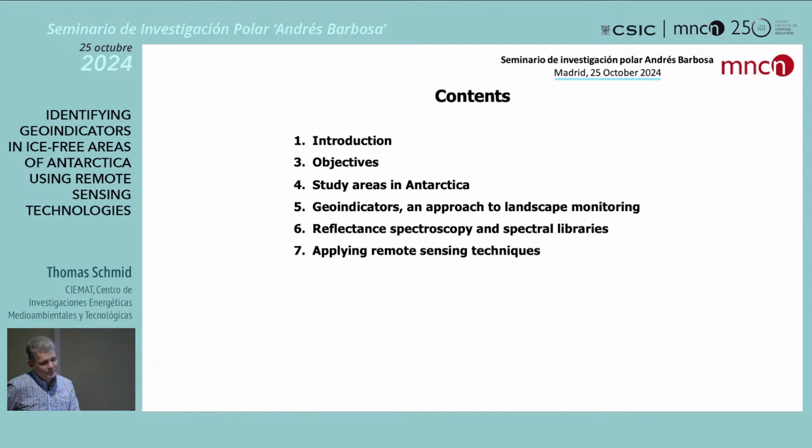So my contents will be a short introduction with objectives, the study areas we've been in Antarctica, geoindicators as an approach to landscape monitoring, and the application of reflectance spectroscopy and spectral libraries, and how we apply these remote sensing techniques.